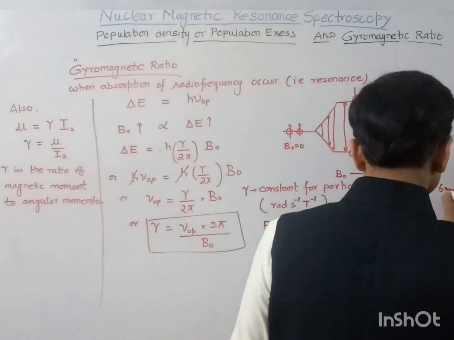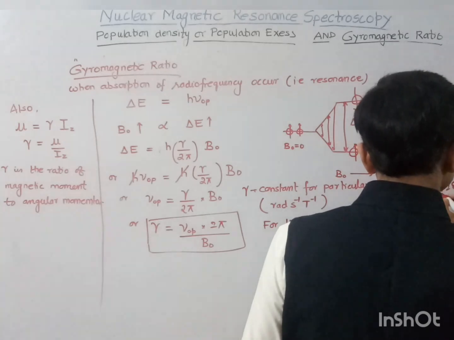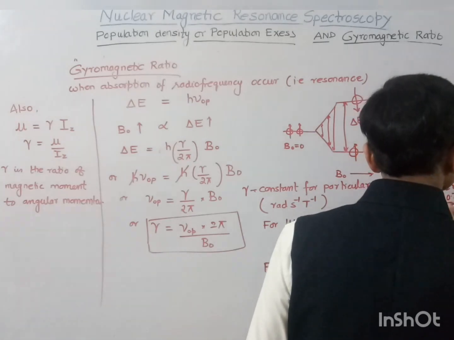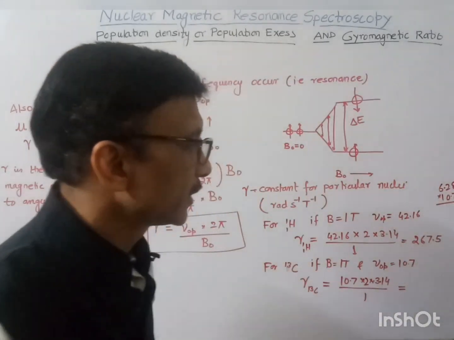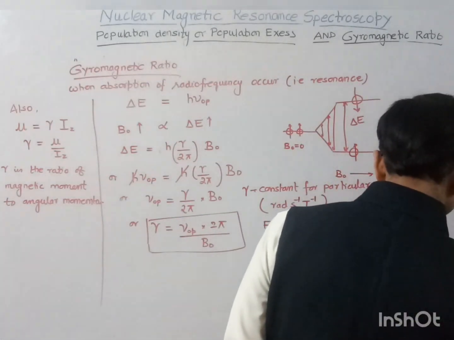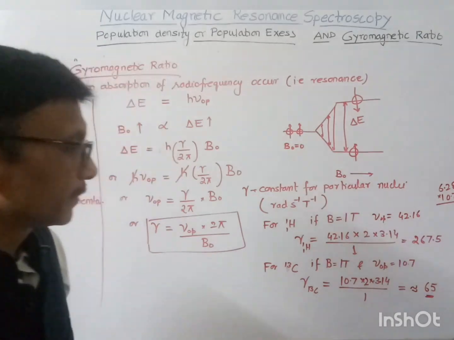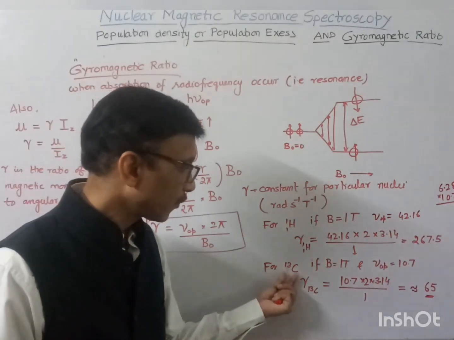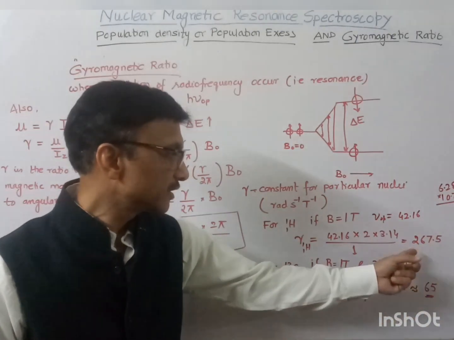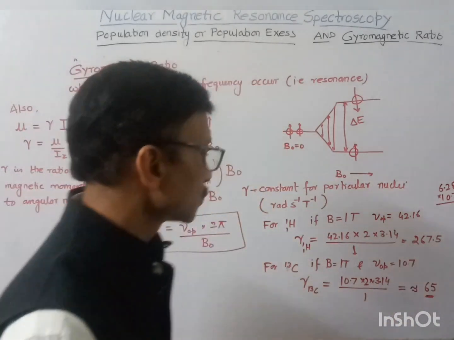So 6.28 multiplied by 10.7 comes out to be around 65, approximately. So what we have seen is that for carbon 13, gamma is very low in comparison to the proton.